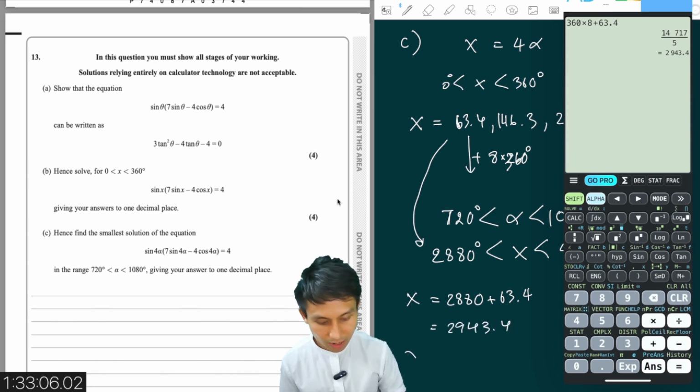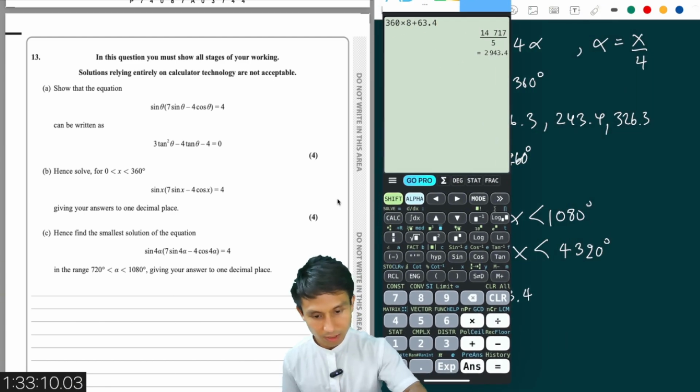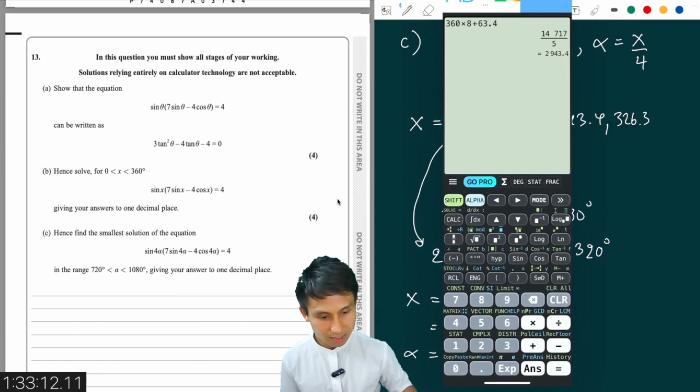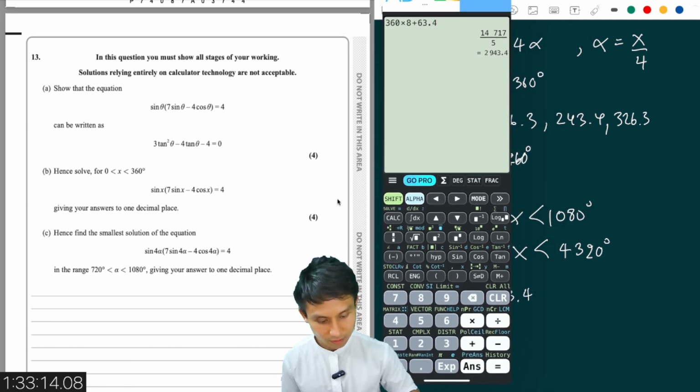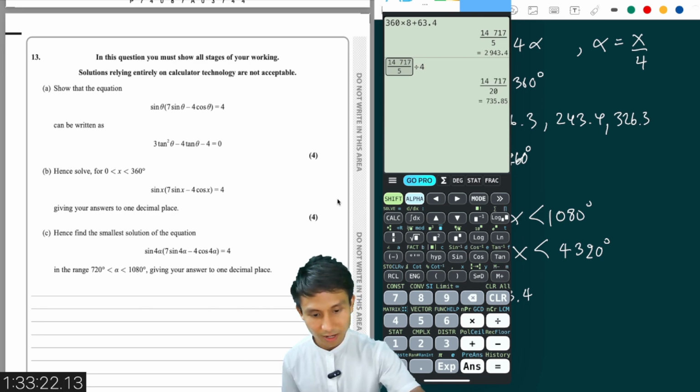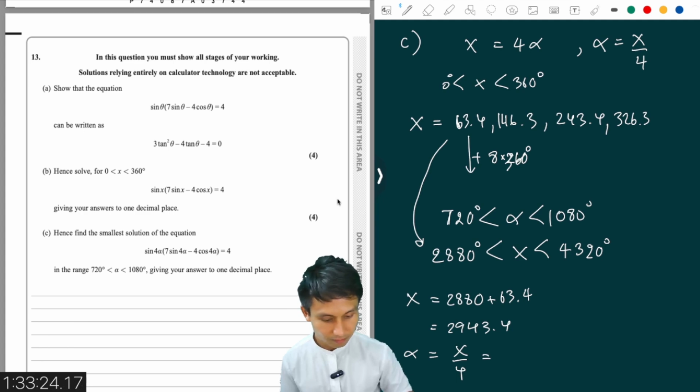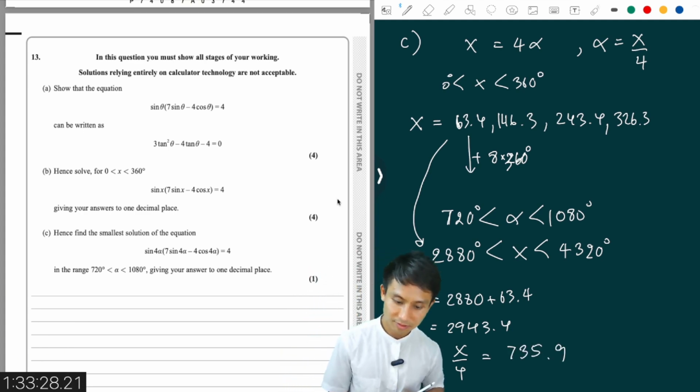So that means alpha, which is x over 4, would be that divided by 4. Answer divided by 4. 735.9, which is in the range.